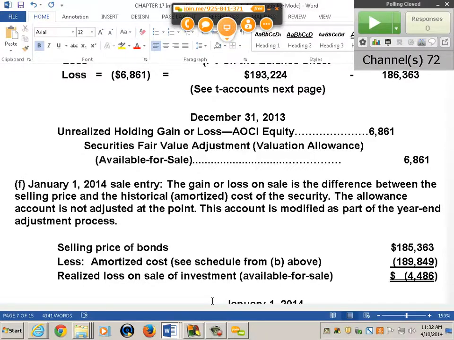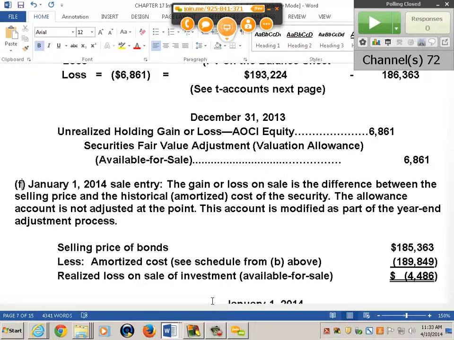No. Just debit cash, credit the receivable. When you sell any security out of a portfolio, you do not consider the allowance account. The allowance account is not considered on a sale. The gain or loss is simply based on the balance of the asset at cost versus the selling price.